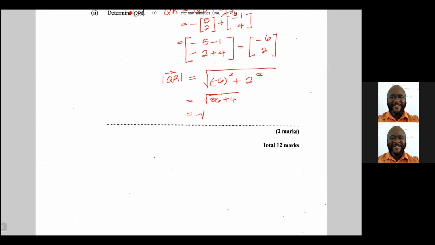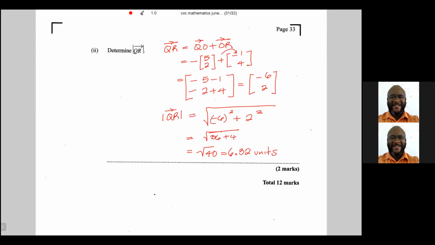It's the square root of 40. So the answer here is 6.32 units. All right, let's look if they put any restriction on it. No. So the magnitude of the vector QR is 6.32 units. And that would be the end of the exam.